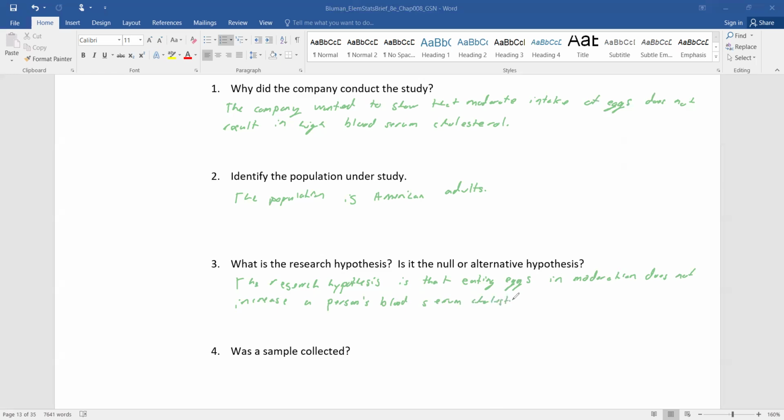And since it's stating that there is no change, the research hypothesis is the null hypothesis.